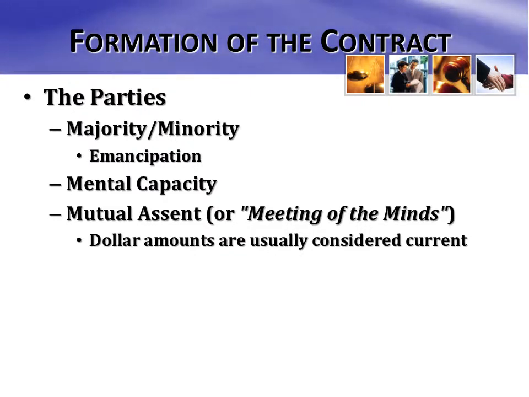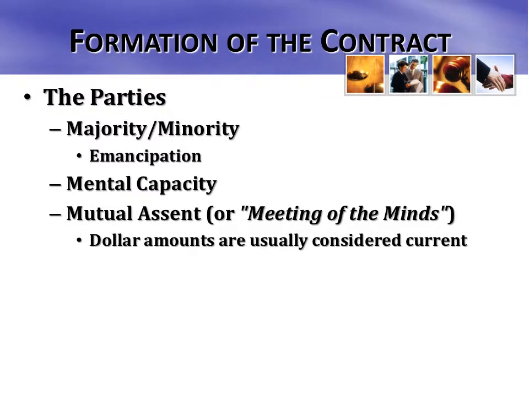And at law in the United States, dollar amounts are usually considered current. Meaning, if I was to say, I will sell my clicker to anyone who will present me with $20, and you have 3 weeks in which to respond, that $20 I expect the next minute is what I should also expect the next week, 2 weeks, and 3 weeks, because dollar amounts are considered current.